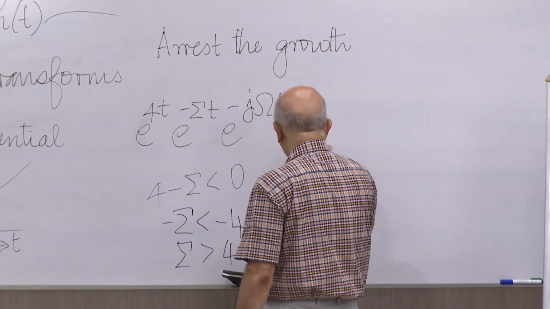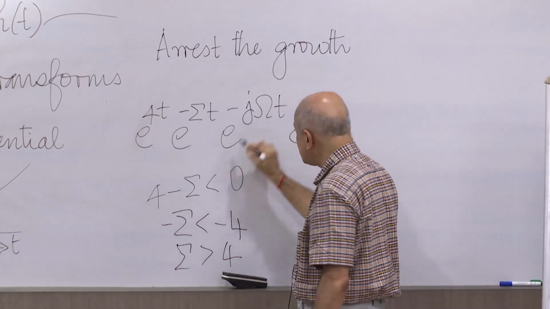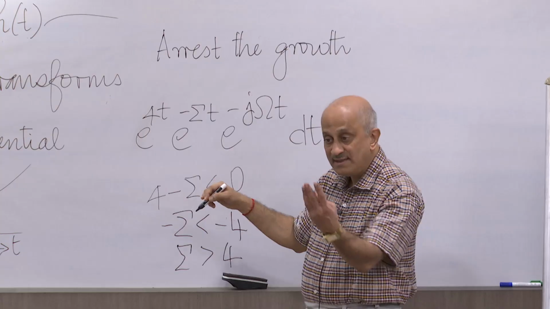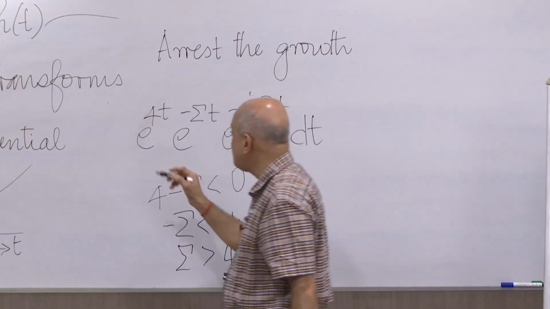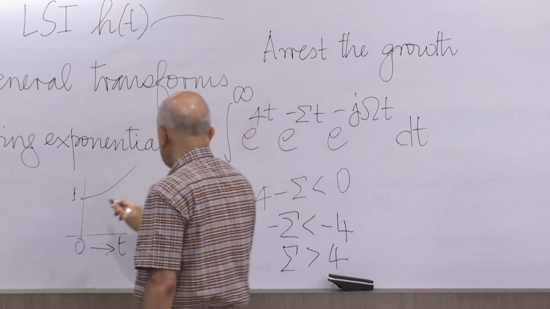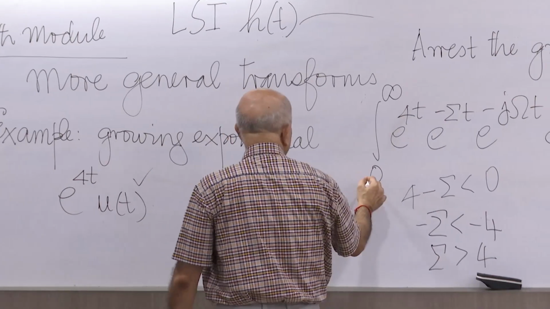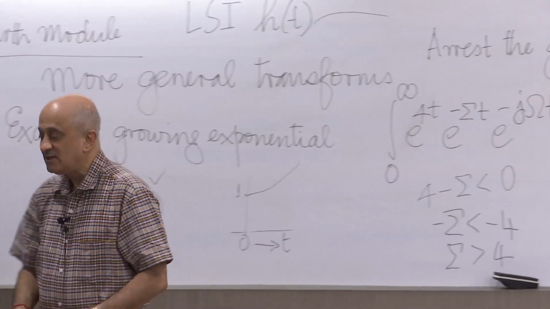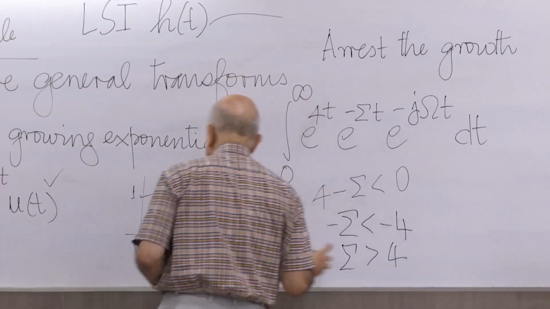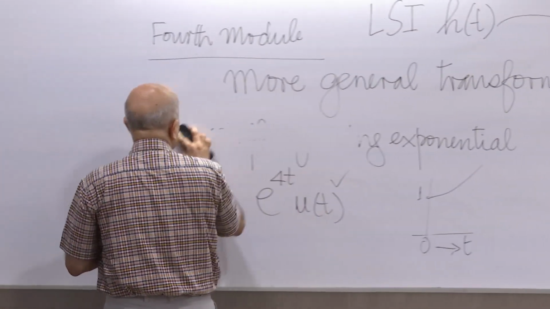Now you see, this Fourier transform will certainly converge because this has become exponentially decaying. The u(t) is captured by integrating from 0 to infinity. So I am essentially noting that the function is non-zero only for time t greater than or equal to 0.